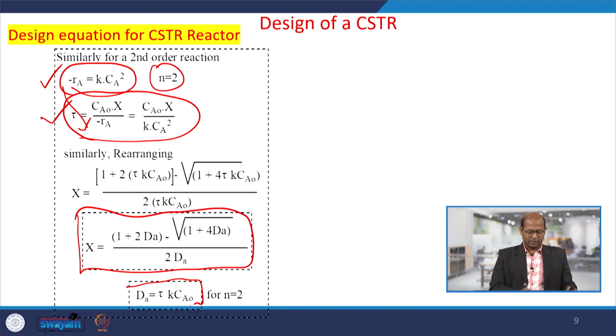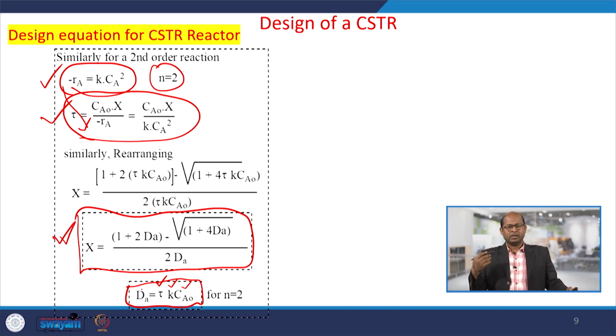Here the Damköhler number for second order reactions is tau k Ca naught. Tau is the space time, Ca naught is the initial concentration, and k is the reaction rate constant. These we know from the beginning, before starting any reaction in a particular reactor. So, we can easily estimate or calculate what the conversion would be by changing the tau value, k value and concentration value.